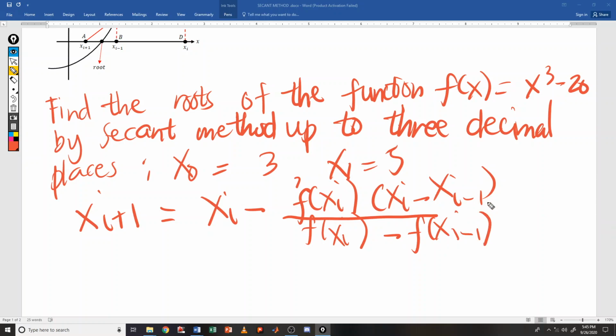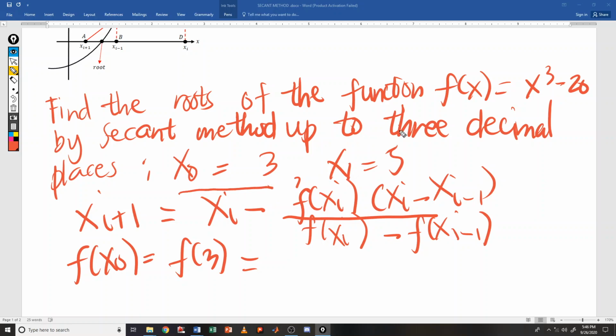Okay, so let's start by solving f of x0, which is f of 3. You need to substitute this into the function: 3 cubed minus 20. So 27 minus 20, we have 7.